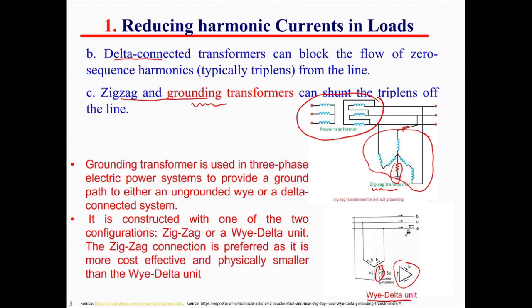The difference between the two is in terms of cost and in terms of size. So we are saying that zigzag connection is preferred as it is more cost effective and physically smaller than the Y delta unit. So normally, to have a grounding transformer, they are using zigzag.